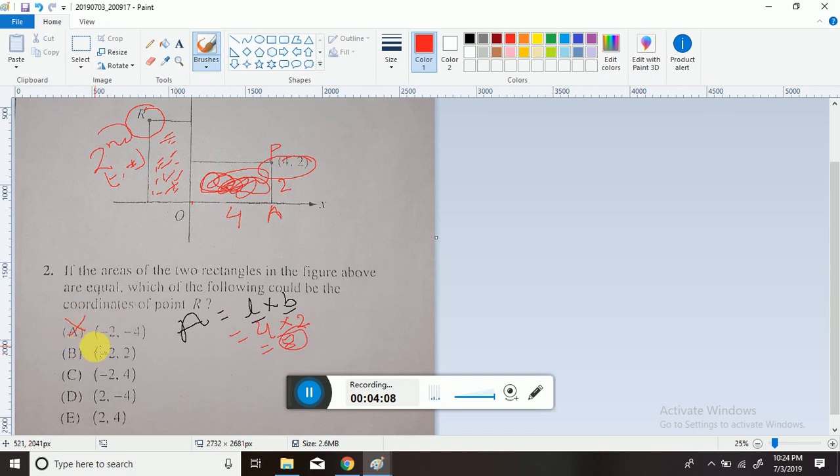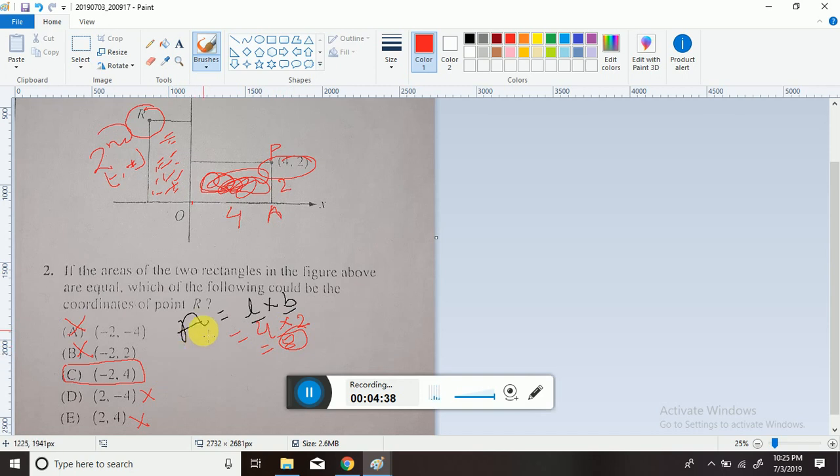Option B is probable, but 2 into 2 is 4, so this is wrong. Option C, negative positive, has a chance; 4 into 2 is 8, it matches. Option D, plus minus, is wrong because it should be minus plus. Option E is plus plus, which is not the representation of the point in the second quadrant. So the only remaining option is option C, which gives the area 8.